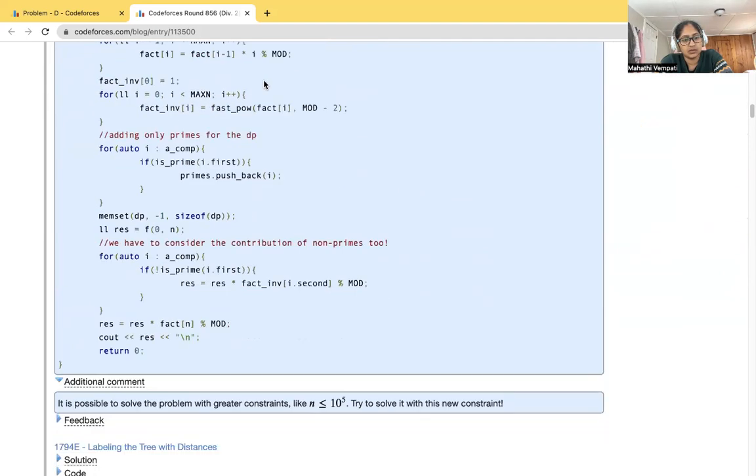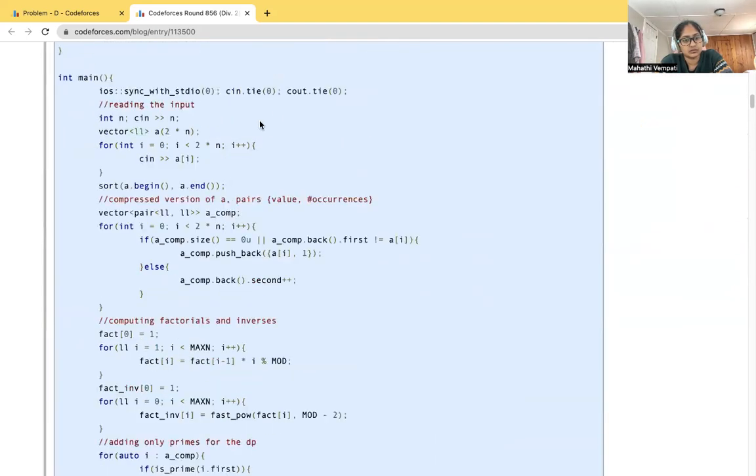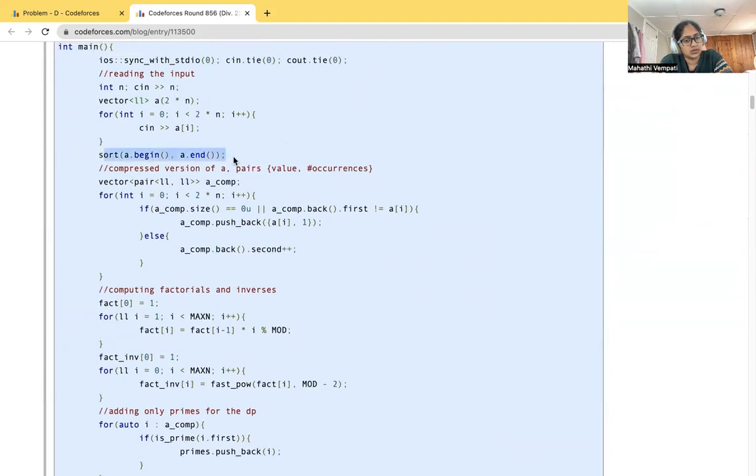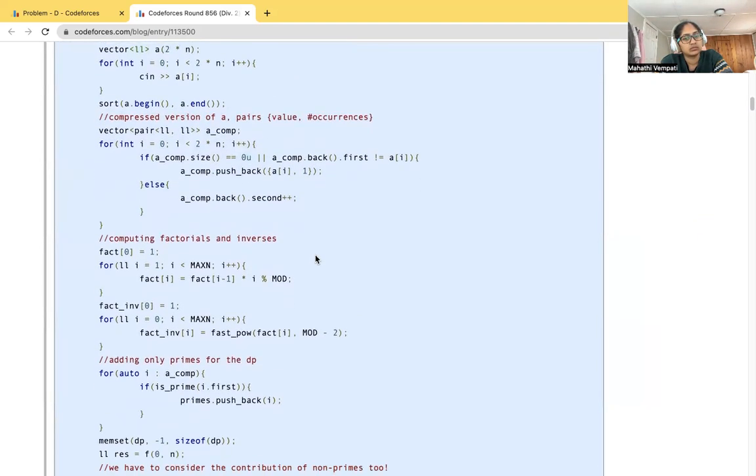We'll have to see what this F does. Okay. A contains the input. They've sorted the input. I wonder why. Oh, oh, nice.